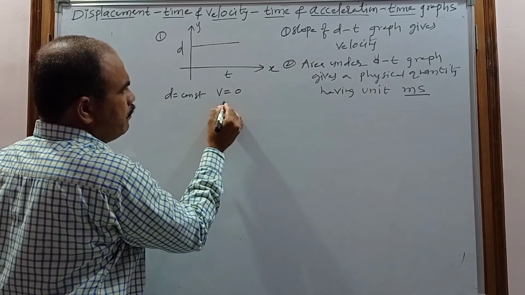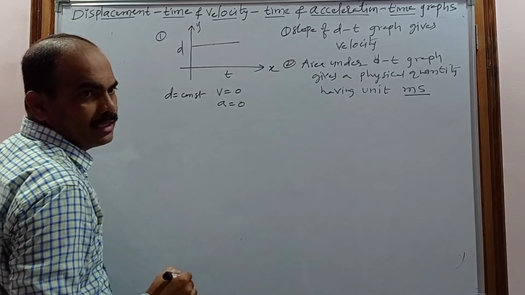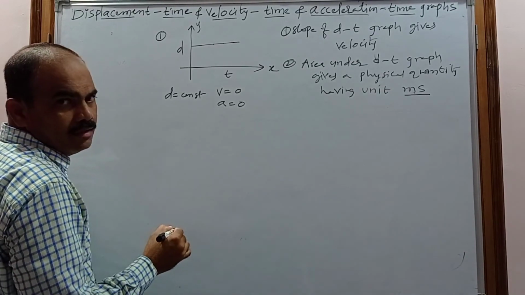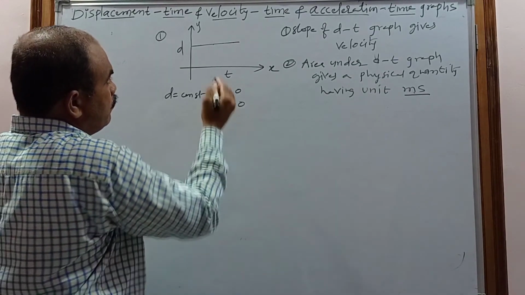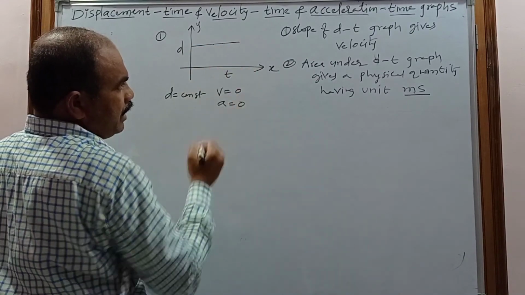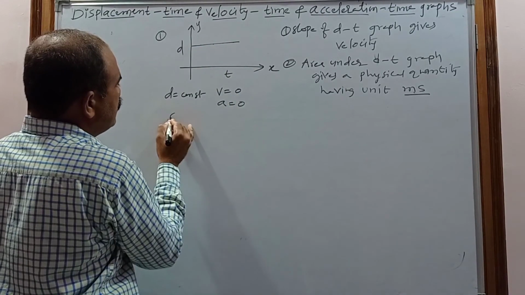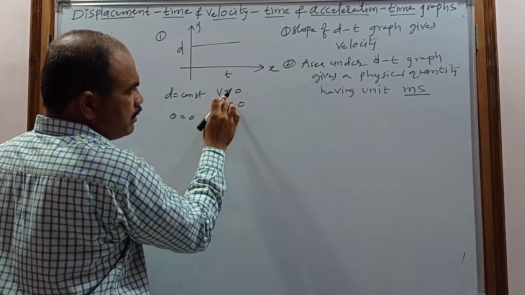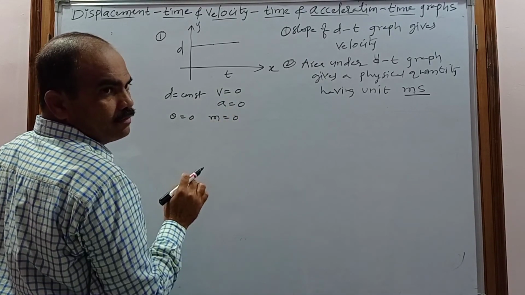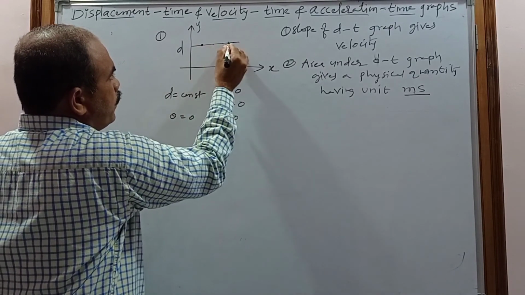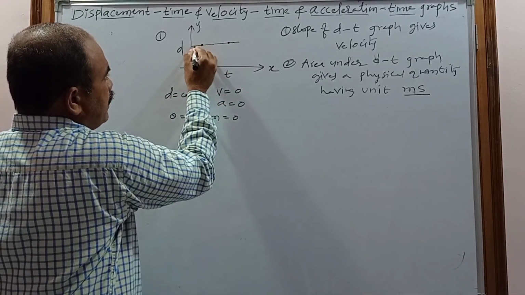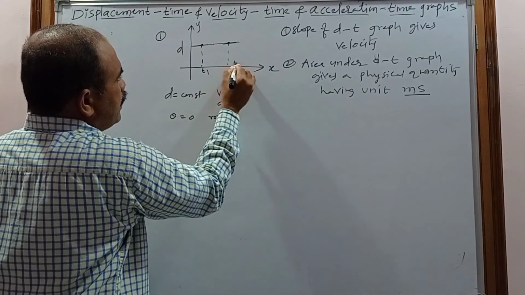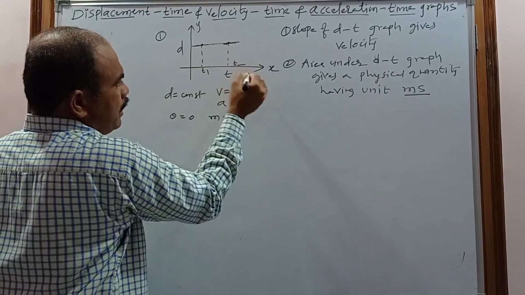When the velocity is zero, the acceleration is also zero. And according to the slope, this line is parallel to the x-axis, so theta is zero, that's why the slope is also zero. So the slope, which gives the velocity, is also zero. If you take two points on the graph and draw the tangents at two different times, T1 and T2, the tangents are also parallel to the x-axis.